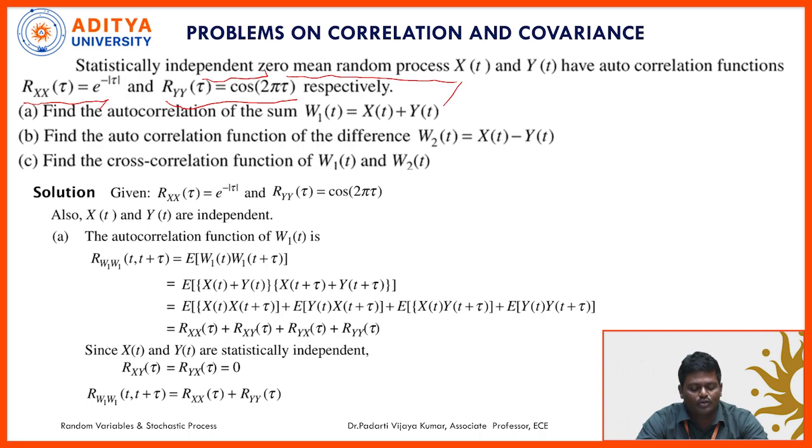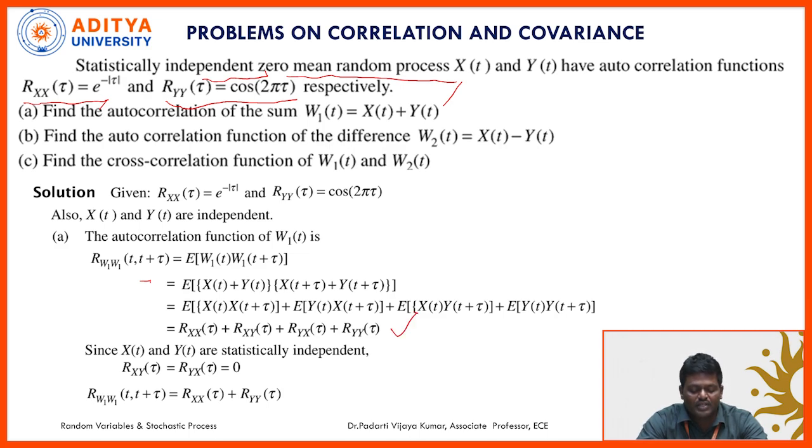The autocorrelation function of W1 of t is Rw1w1 of t comma t plus tau, that is the expectation of W1 of t into W1 of t plus tau. W1 of t is X of t plus Y of t, and W1 of t plus tau is X of t plus tau plus Y of t plus tau. Multiplying and splitting the terms, this is the formula we will get.